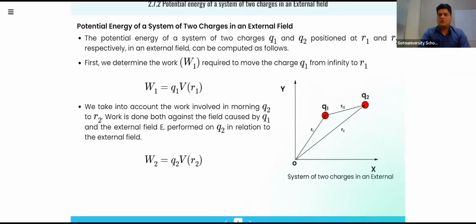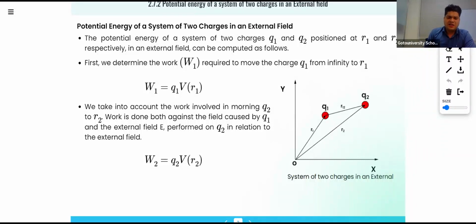In the case of an external field, let us consider the example that you have a source charge.